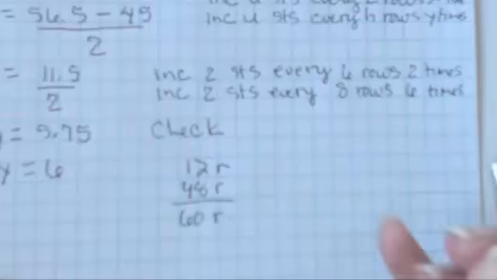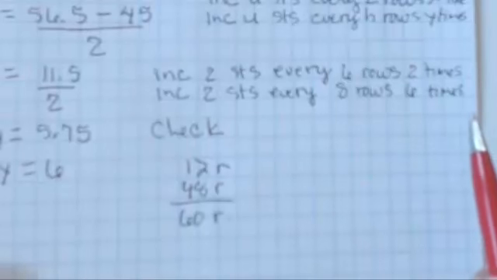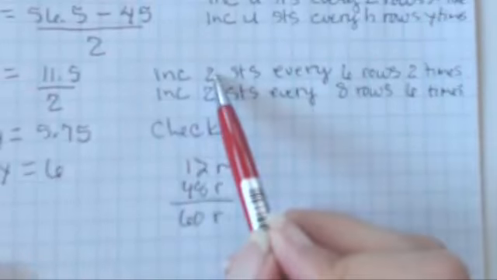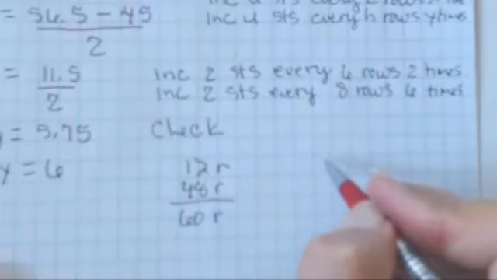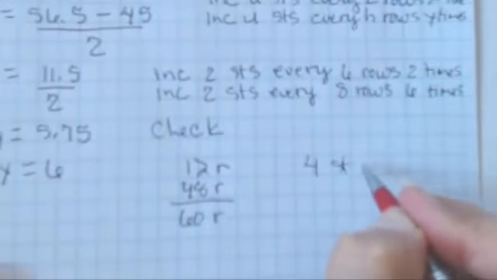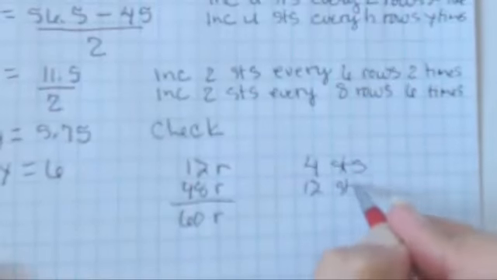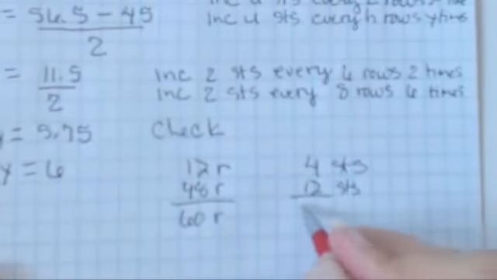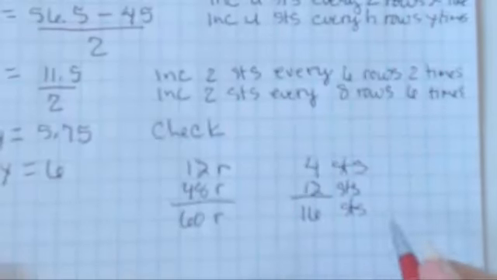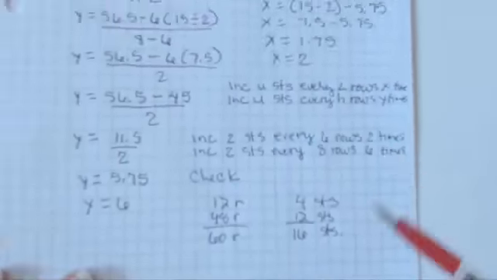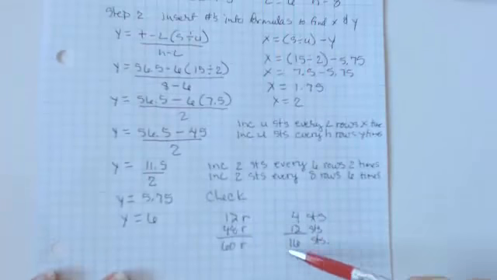Let's keep that in mind for 1 second. Now let's check our stitches. 2 stitches twice, that's 4 stitches. And 2 stitches 6 times, that's 12. 16. So what happened here? We wanted to add 15 stitches, but we ended up with 16.